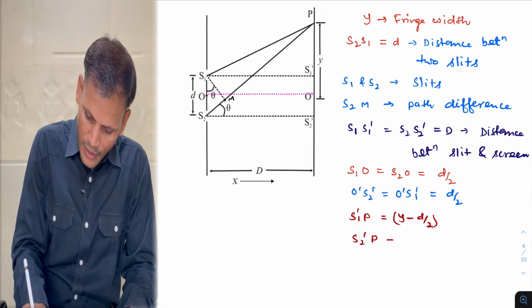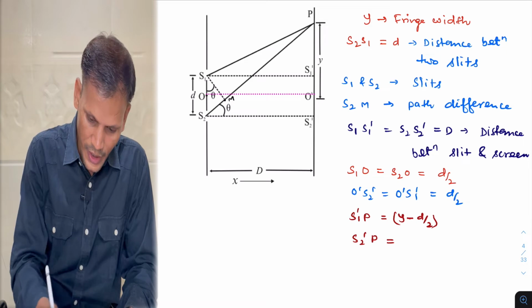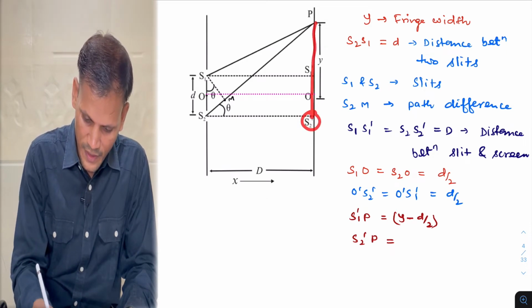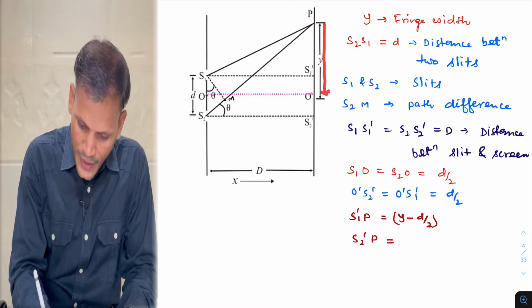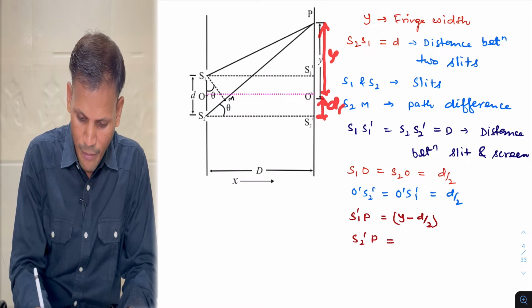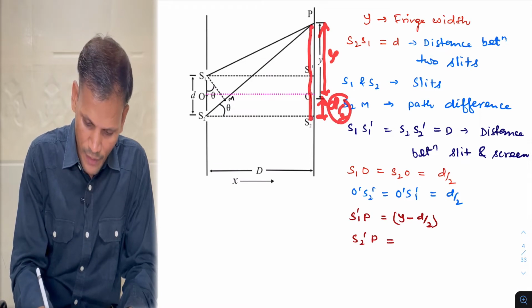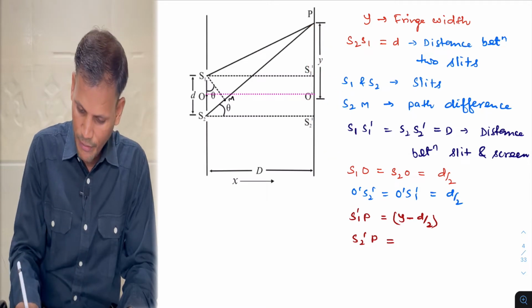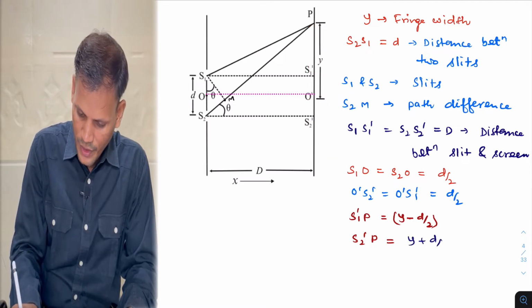These two are very important. S2 dash P, this distance. Of course, this is y and this is D by 2. So overall, this distance will be y plus D by 2. Correct? So it is y plus D by 2.